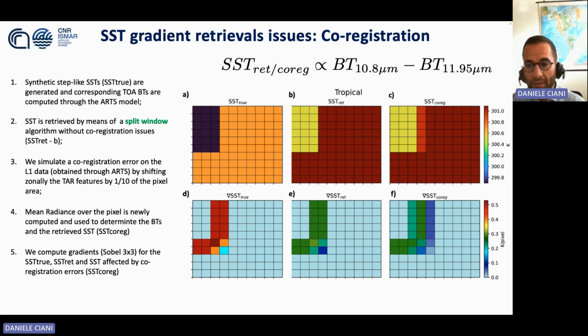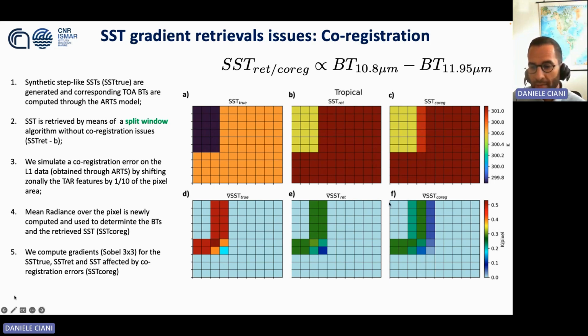When we retrieve the SST with this new configuration, we see spurious features appearing on the right side of this area with a lower temperature, which was not prescribed as boundary condition and which is not found in the ideal case. At the same time, you can see the effect on the SST gradient.